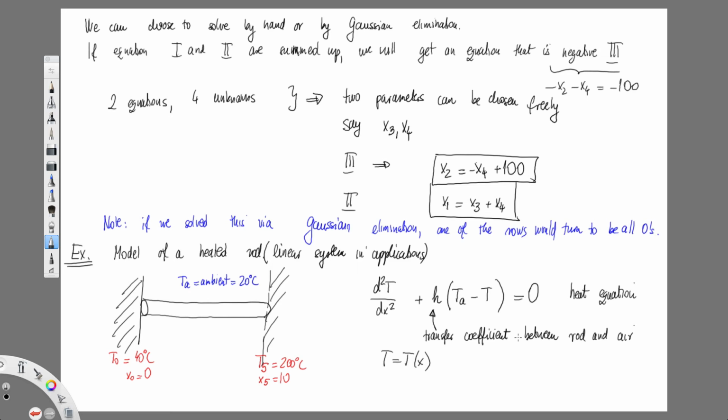And I'm going to assume that I know what this heat transfer coefficient is. It's equal to 0.01, and this is in 1 over meter squared.